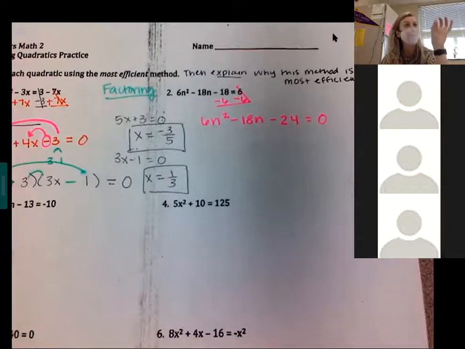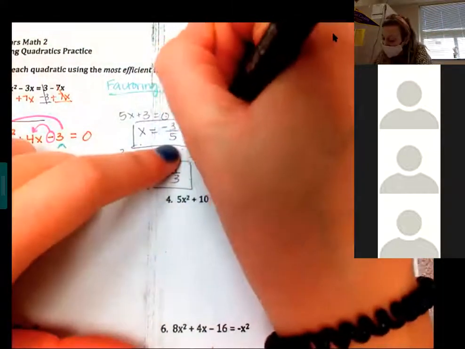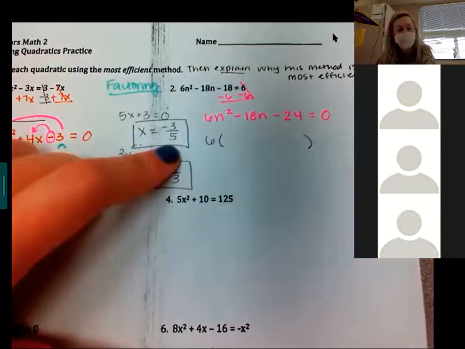Good. Everybody look. If the A value will go into the B and the C, usually it factors, okay? So I'm teaching you some tricks. You may want to write that down. That's up to you. We'll go over it again tomorrow. But this 6 will go into the B and the C. So when I take 6 out, y'all, what's going to be left in the parentheses?